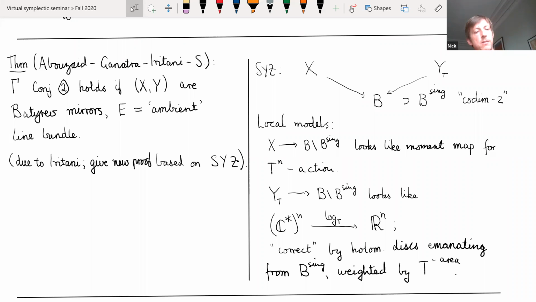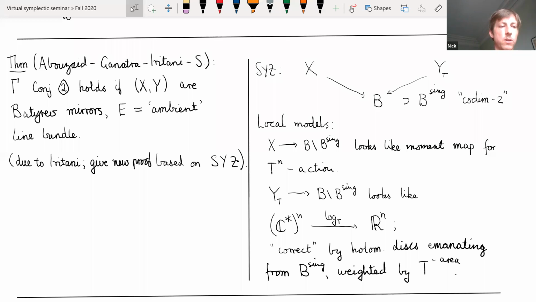The proof of this result is not the first proof of this result. There's a proof due to Iritani from before. The point of what we've done is that we give a new proof of it based on the SYZ conjecture, which gives some additional geometric insight into why it holds, and gives a prospect of generalizing it to cases where it hasn't been proved yet.